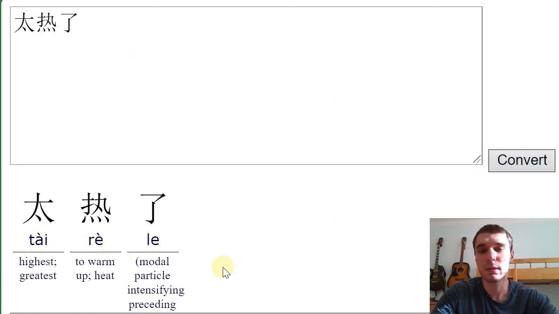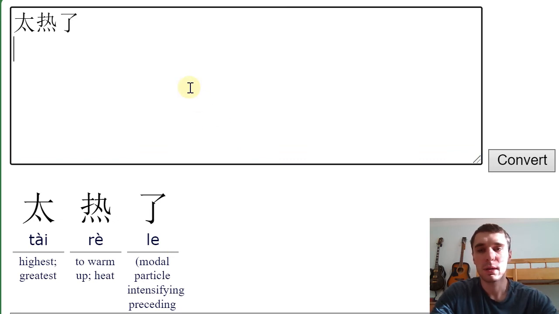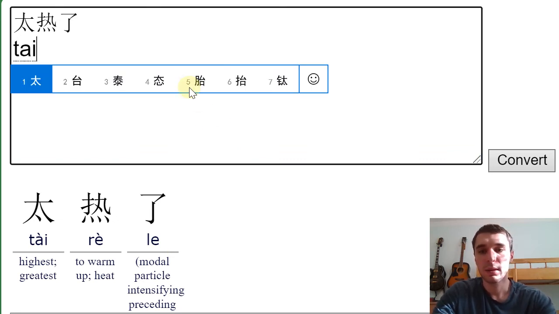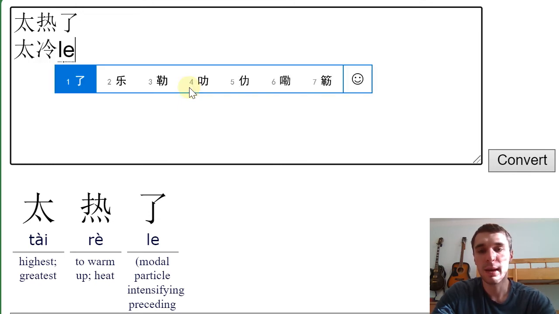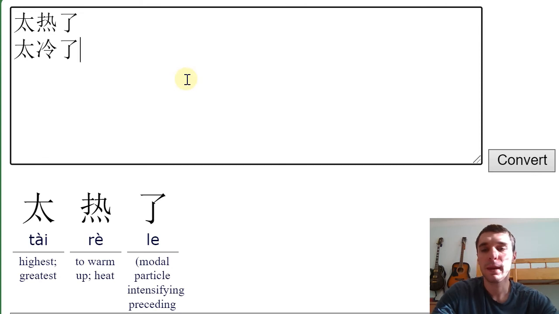太热了. Okay. How do I say it's too cold? 太 cold, 冷了. Yes, it's better if you memorize the words that I showed you so you can use them. 太冷了. It's too cold. So this sentence is about complaint. Some other words, for example, it's too tall, right?